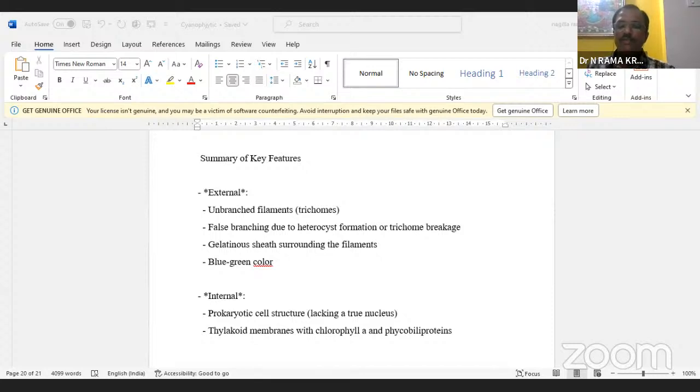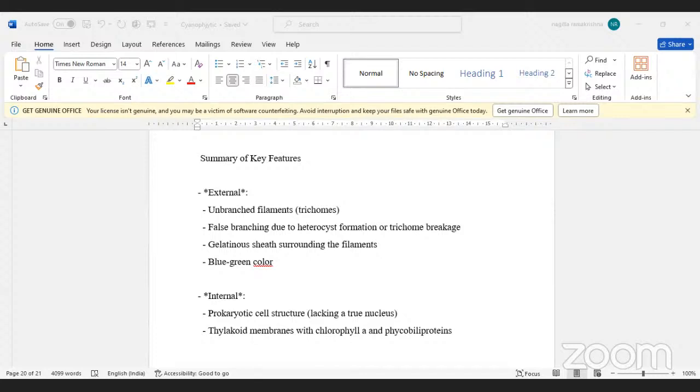What is the relationship between bacterial cells and cyanophytic cells? Both are prokaryotic in nature. Yes, sir, that is important.